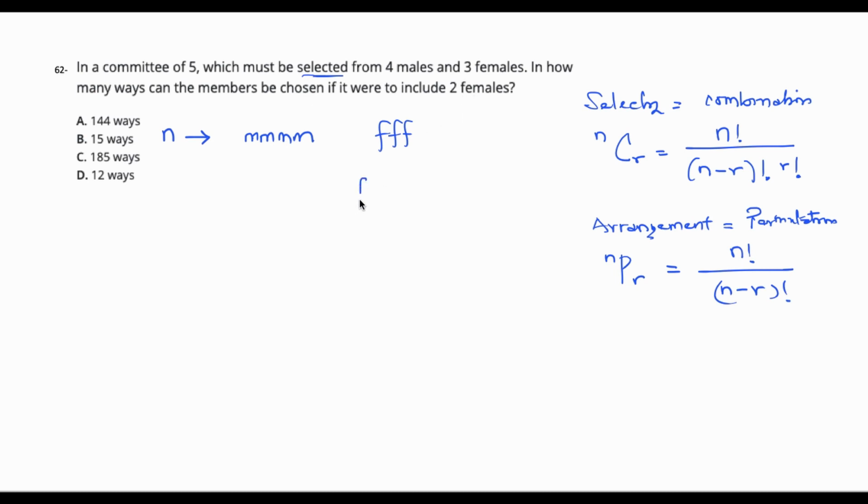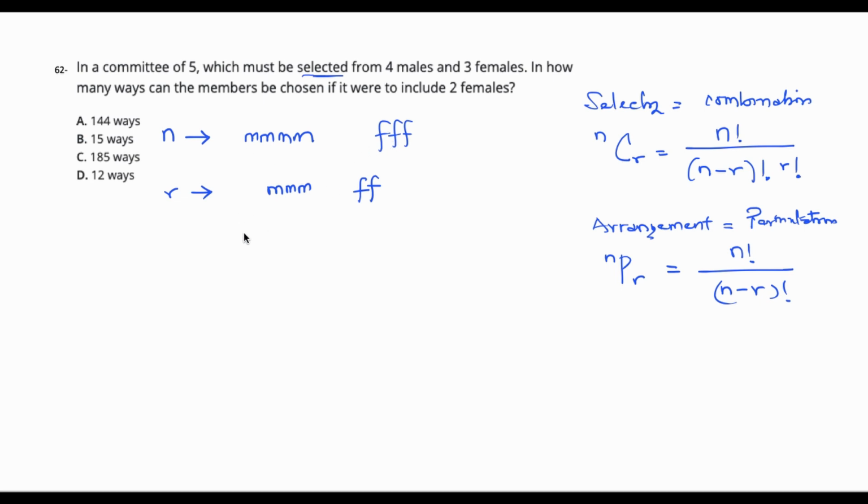So to include 2 females, we'll have 2 females, and that will mean that we would have 3 males. So the number of people that we eventually select is r, but we can select different combinations of these 3 males and 2 females from the available people.